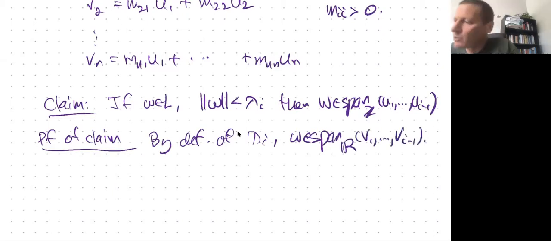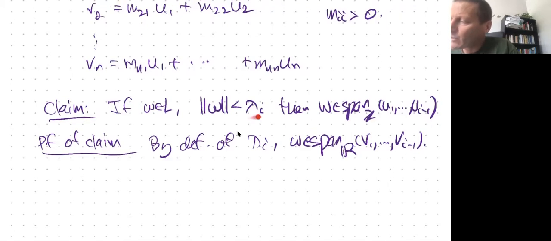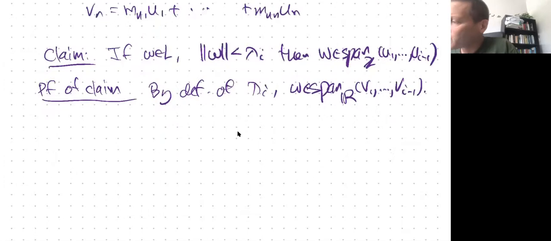If W did not belong to this span, it would mean that W, V1, up to V(i minus 1) were all linearly independent, and that would contradict the definition of lambda i. So W is in the real span of V1 up to V(i minus 1).